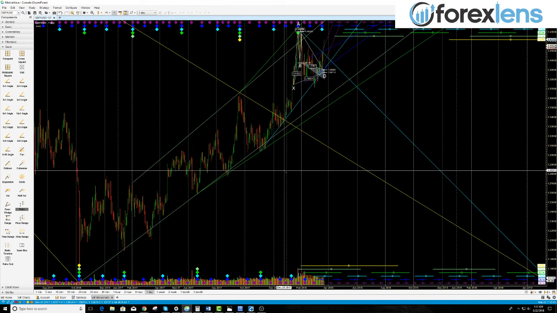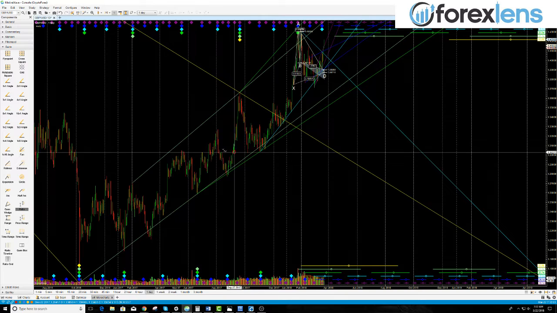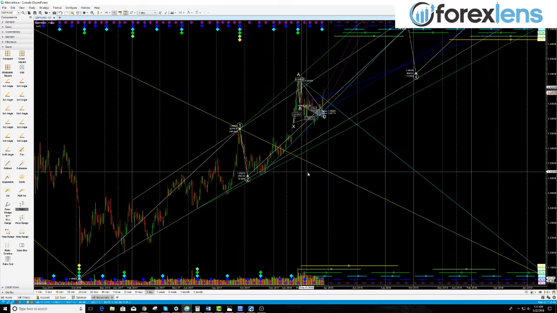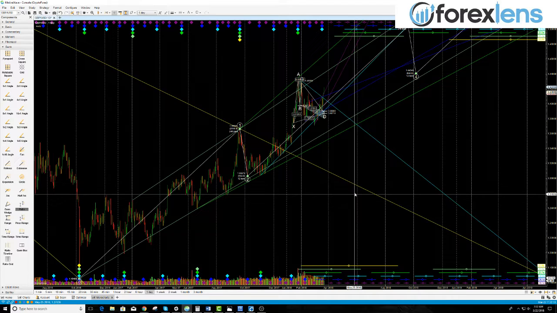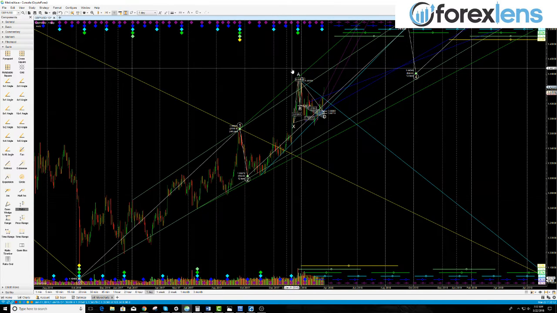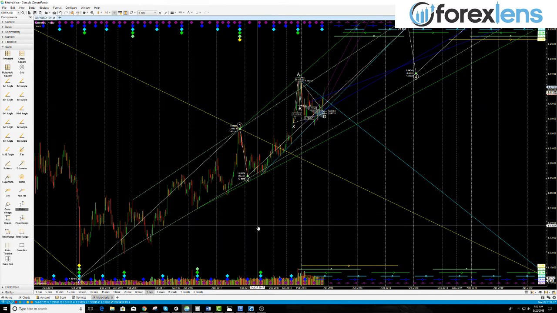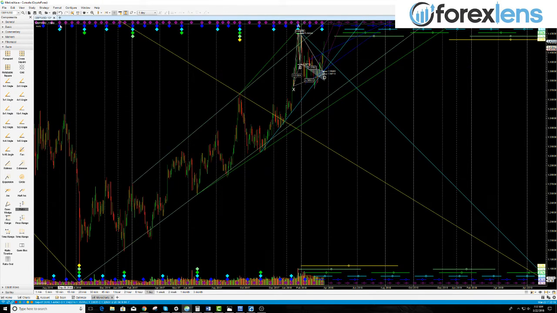you can highlight a selected range of an area and it will auto plot Elliott waves. See that 1, 2, and then 3, 4. We can also bring it to a weekly.